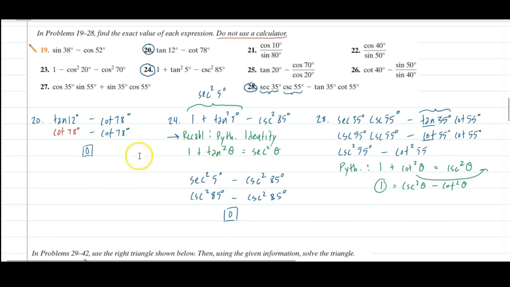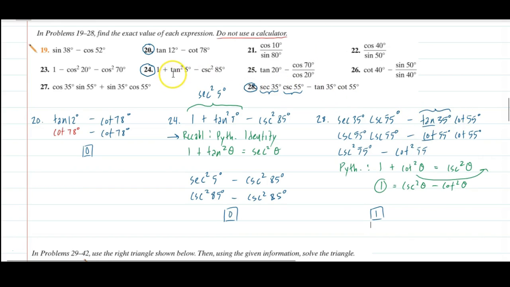Well, that's essentially what you're looking at. You're looking at cosecant squared 55 degrees minus cotan squared 55 degrees. Well, there you go. We have our answer. The answer to this question is going to be the number 1. All right, so that is that second objective, and basically what all you need to do, right?